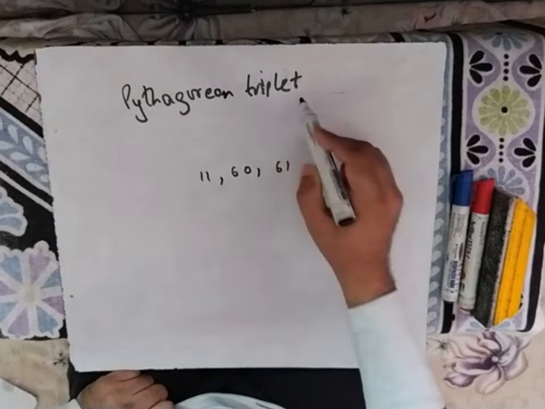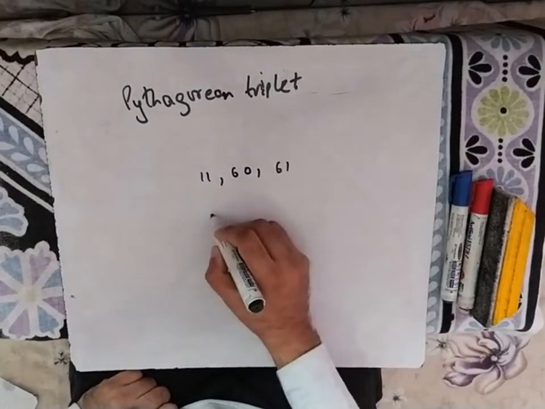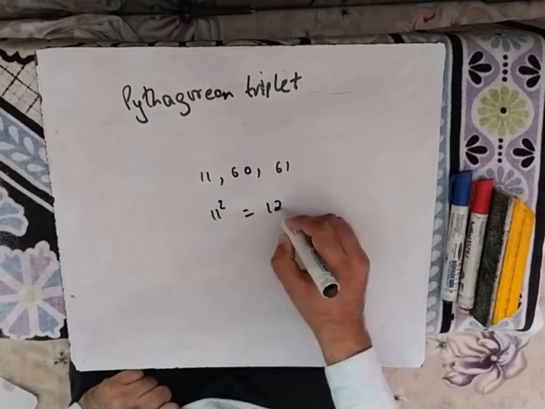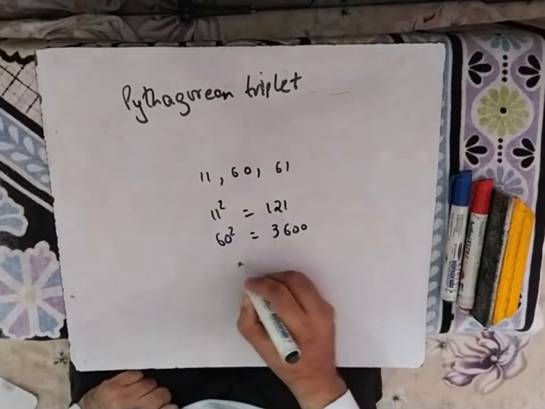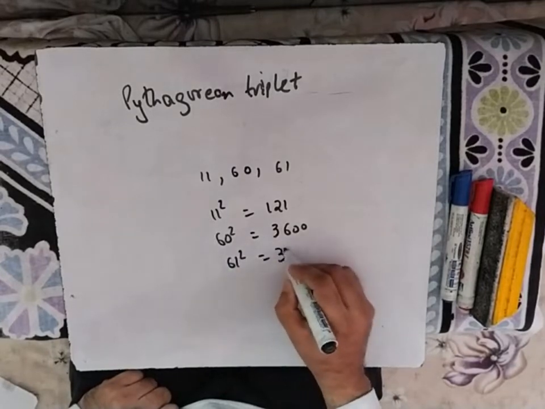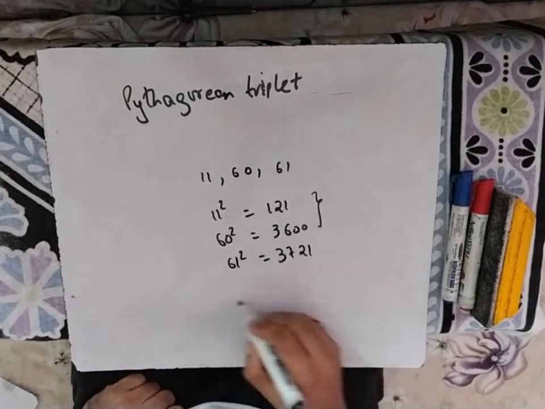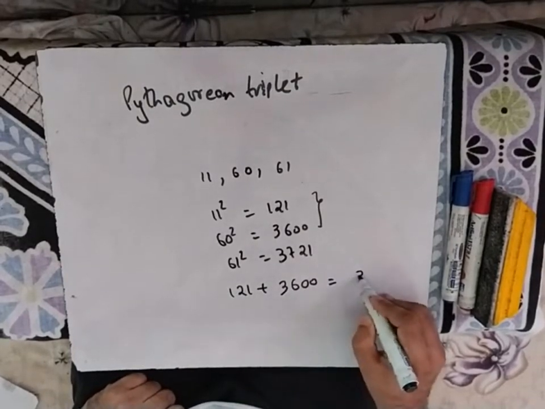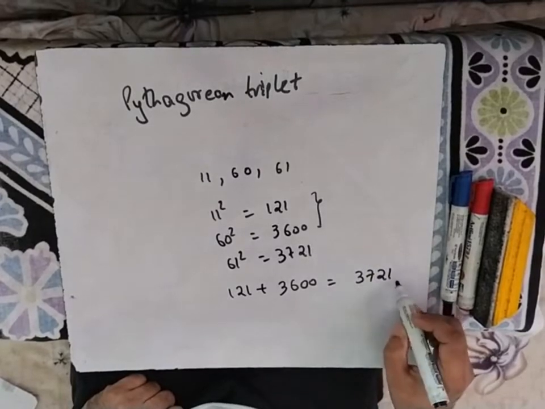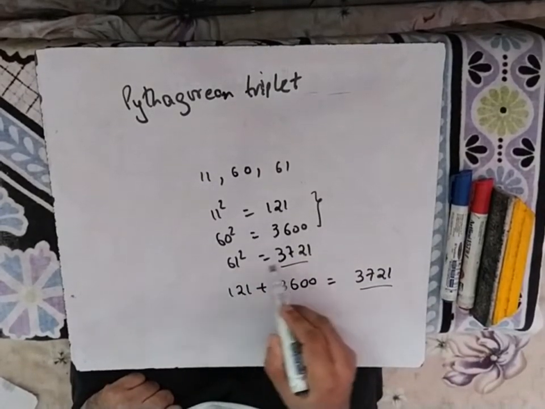Now why does it come under Pythagorean triplet? Because of this reason. If you square all the three numbers, 11 square is 121, 60 square is 3600, 61 square is 3721. Now add the two smaller numbers. 121 plus 3600 will give you 3721, which is equal to the largest number square.